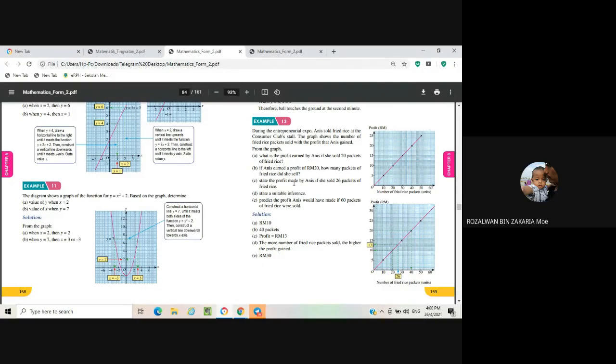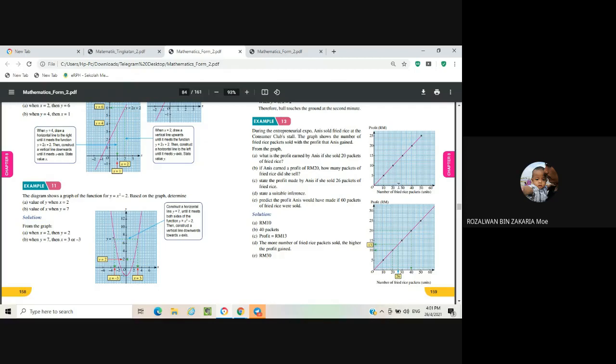So for C, state the profit made by Anis if she sold 26 packets of fried rice. The number of fried rice packets is on the x-axis here. Firstly, you have to find out where the 26 packets is. It is quite small, this one, so you have to look carefully in the exam. 26, so you will get the answer RM13.